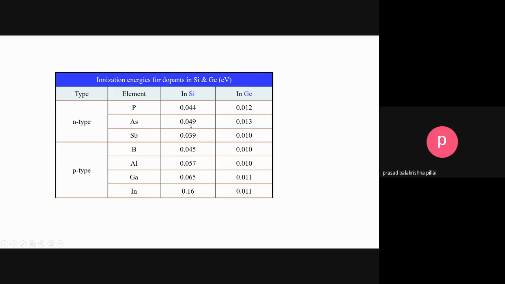Then arsenic, it is 0.049. These are the typical ionization energies for the dopants. Similarly for germanium, and similarly for p-type. In the band diagram, in the case of n-type semiconductors, it will come very close to the conduction band, and in p-type it will come very close to the valence band.